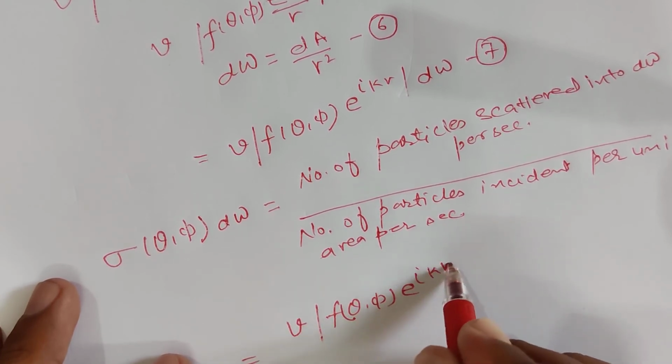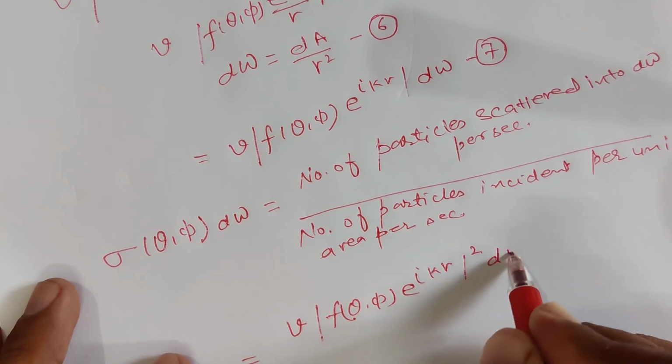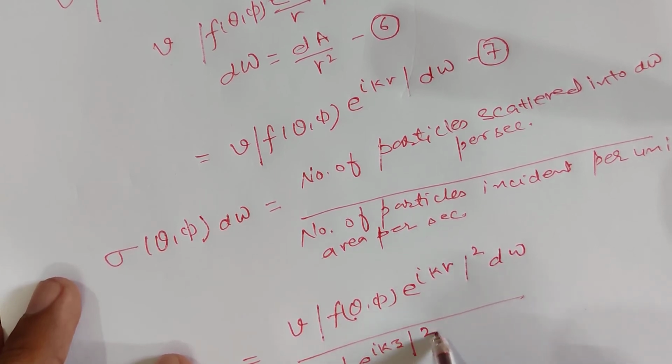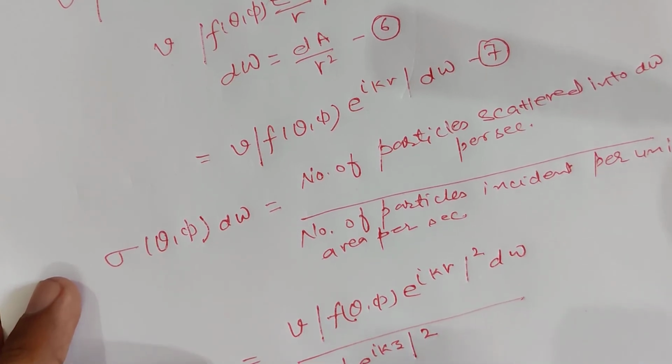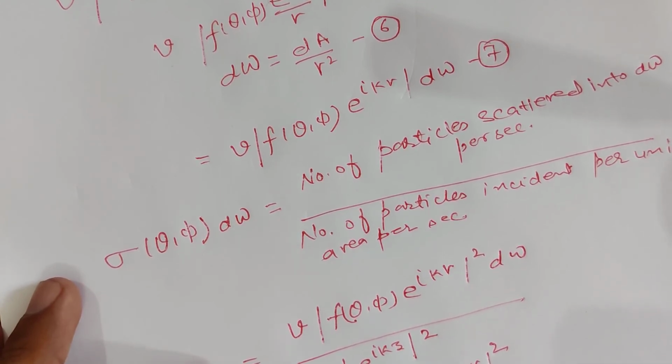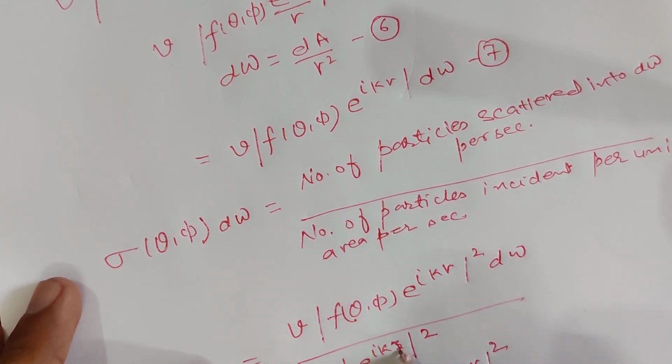|f theta phi exponential iota kr| square d omega upon V |exponential iota kz| square, or this equals |f theta phi exponential iota kr| square upon |exponential iota kr| square. This is r.